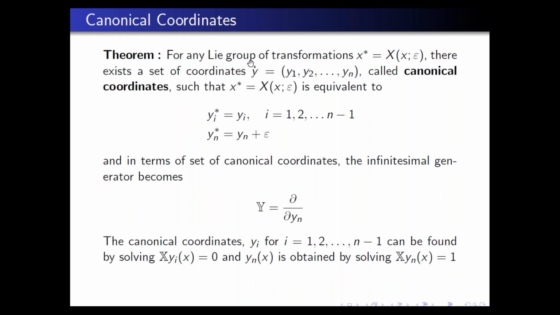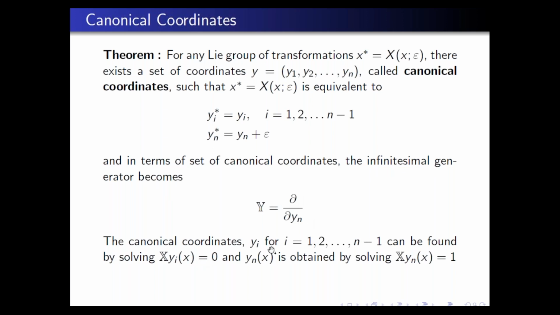Now the next terminology is canonical coordinates. The theorem says that for any Lie group of transformation x star equal to X(x, epsilon), there exists a set of coordinates y, depending on the point x, called canonical coordinates, such that y_i star is equal to y_i for i equal to 1, 2, up to n minus 1, and y_n star is equal to y_n plus epsilon. And in terms of the set of canonical coordinates, the infinitesimal generator becomes capital Y equal to the partial derivative del by del y_n.